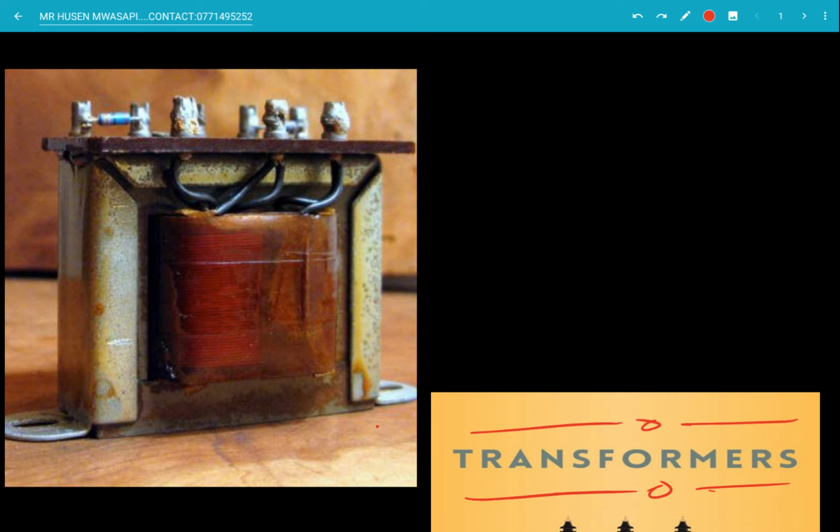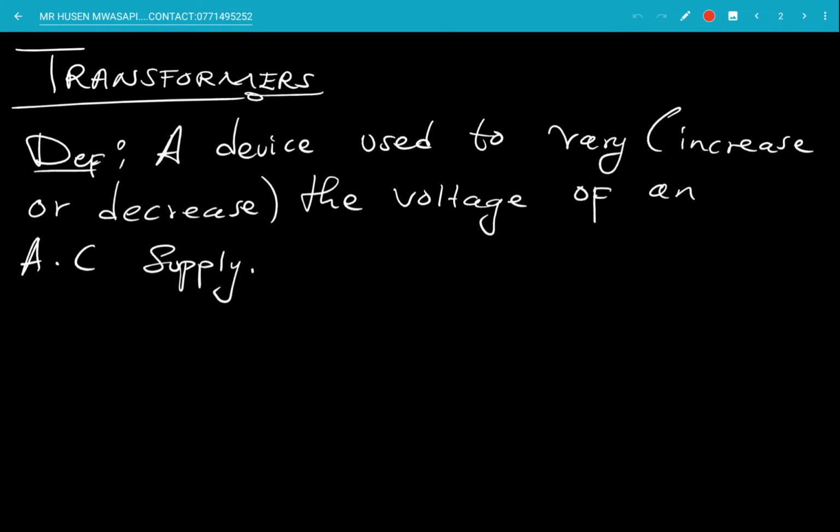Okay, so to start with, let's dive into the basic definition of a transformer. In basic understanding, we could say a transformer is a device used to vary. The word vary simply means to increase or decrease the voltage of an AC supply. So a transformer will always vary the voltage of an AC supply.